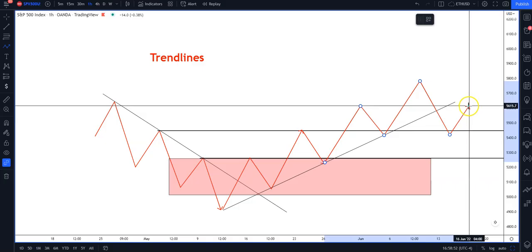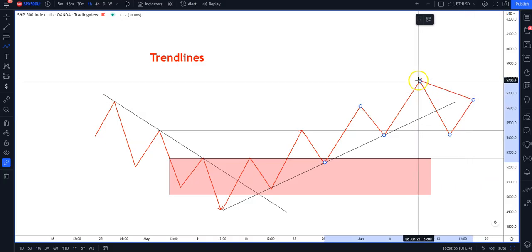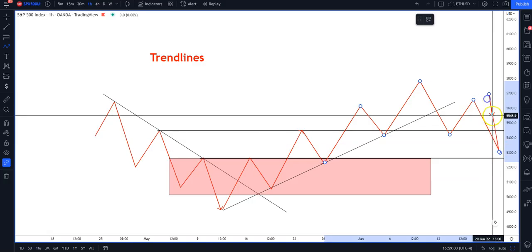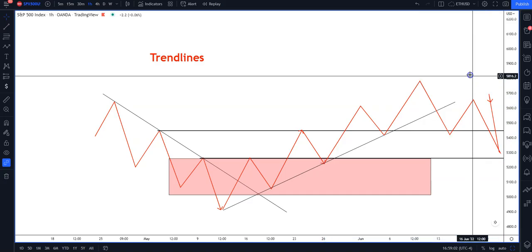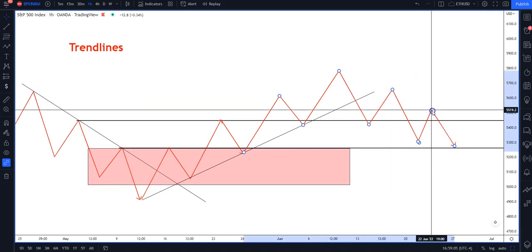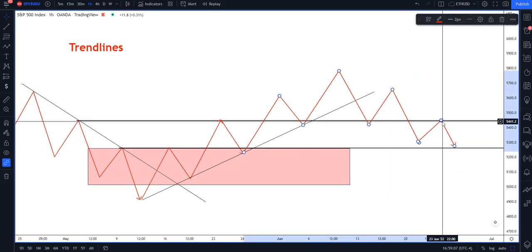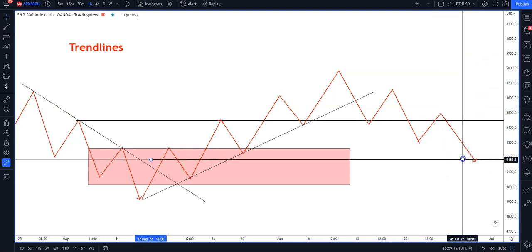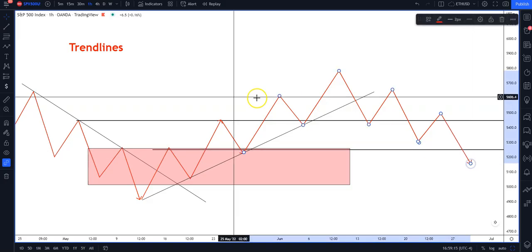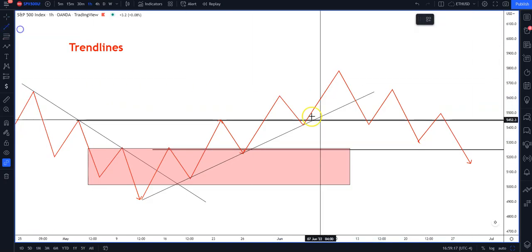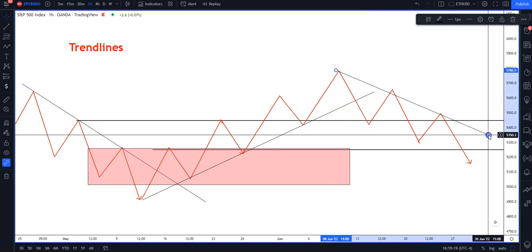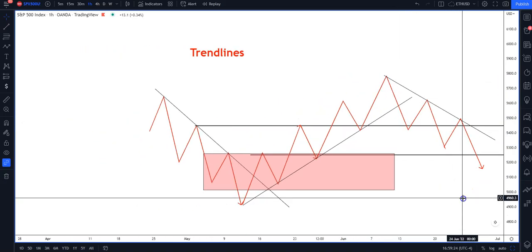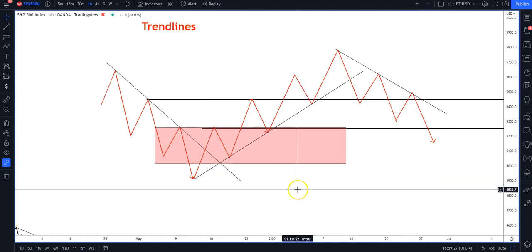It crosses and it creates a lower high, and then it starts doing the same exact thing that it did before. Now, guess what? All that means is that another trend for the downtrend has been created.